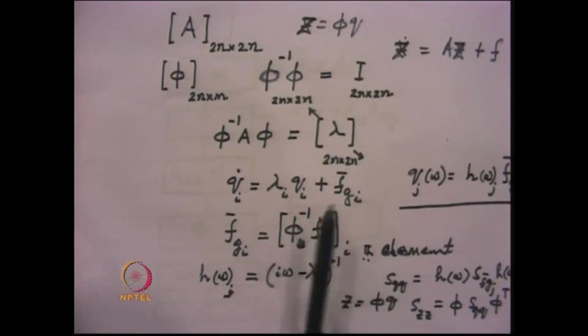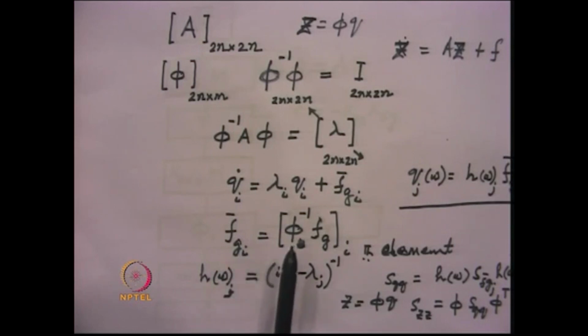So, F bar Gi is obtained like this, phi inverse Fg, and the ith element of that is F bar Gi.